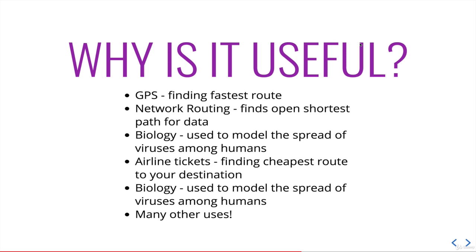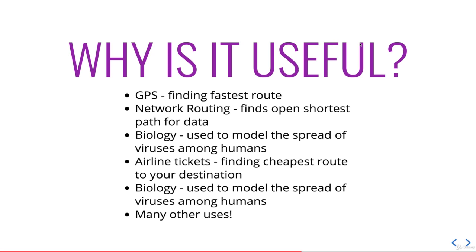Airline tickets. If you ever go on those websites and you enter where you're trying to go from one city to another, let's just say one way. Of course, you can optimize for all sorts of different things like duration, price, number of airline miles. But let's say you're trying to come up with the cheapest possible option and you're willing to make like 3 different stops. Well, there's a lot of options and it would be a huge pain to try and manually compute that.